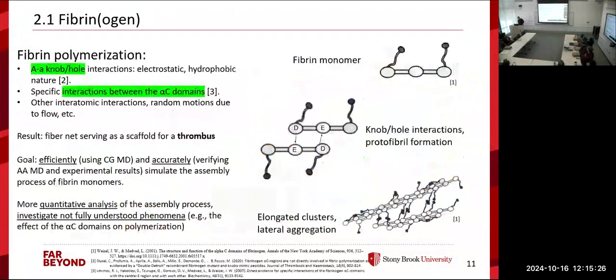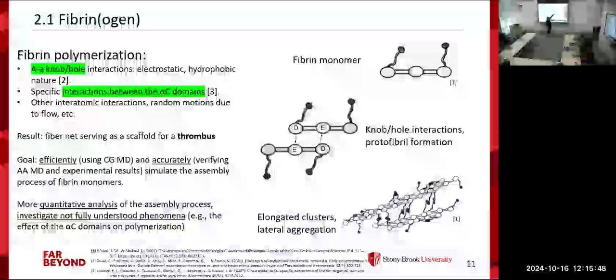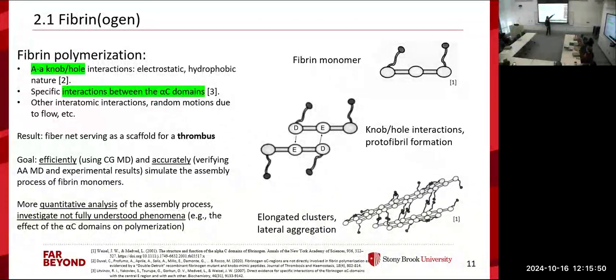How is this formed? There are some specific interactions that take place. Just on the terminology, when we release the hands, the alpha C domains, we will be calling this a fibrin monomer, not fibrinogen anymore. And the idea is that there are some interactions, A-a no-hole interactions, between the D and the E regions of molecules that bring the proteins together.